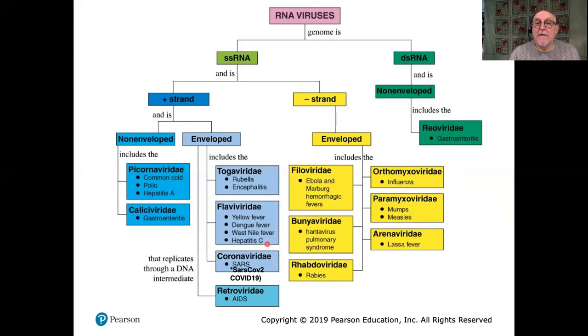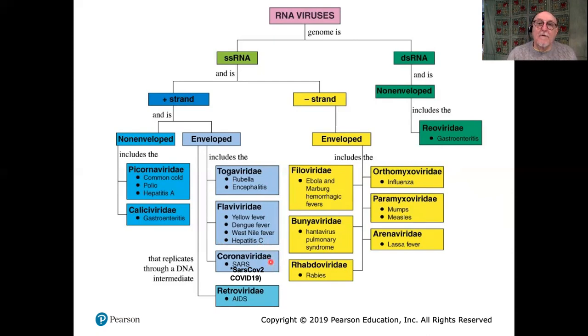Hepatitis C is one of these diseases which sets up a chronic infection and can lead to liver collapse, and liver cancer as well. It's a very nasty virus, but interestingly enough, it is one of the few viruses now for which we actually have a drug cure, which is available.